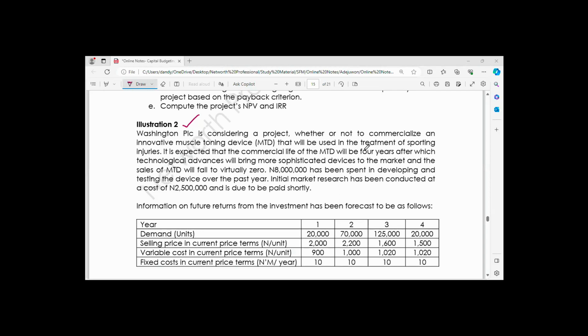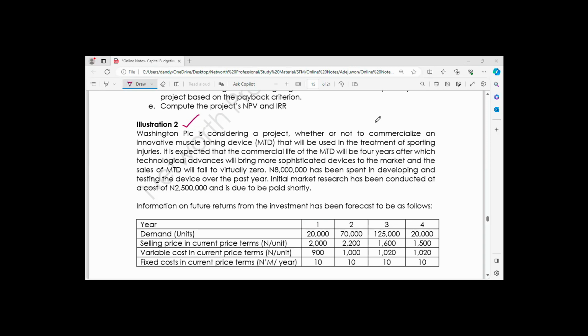The question goes to illustration number 2. Washington PLC is considering a project whether or not to commercialize an innovative muscle toning device, MTD, that will be used in the treatment of sporting injuries. It is expected that the commercialized life of the MTD will be 4 years, after which technological advances will bring more sophisticated devices into the market, and the sales of MTD will fall to virtually zero. 8 million has been spent in developing and testing the device over the past year.